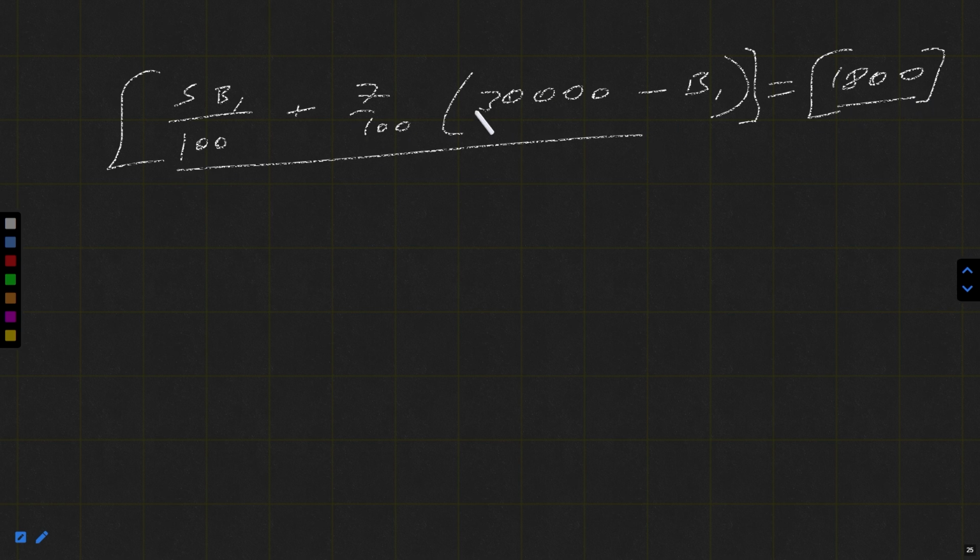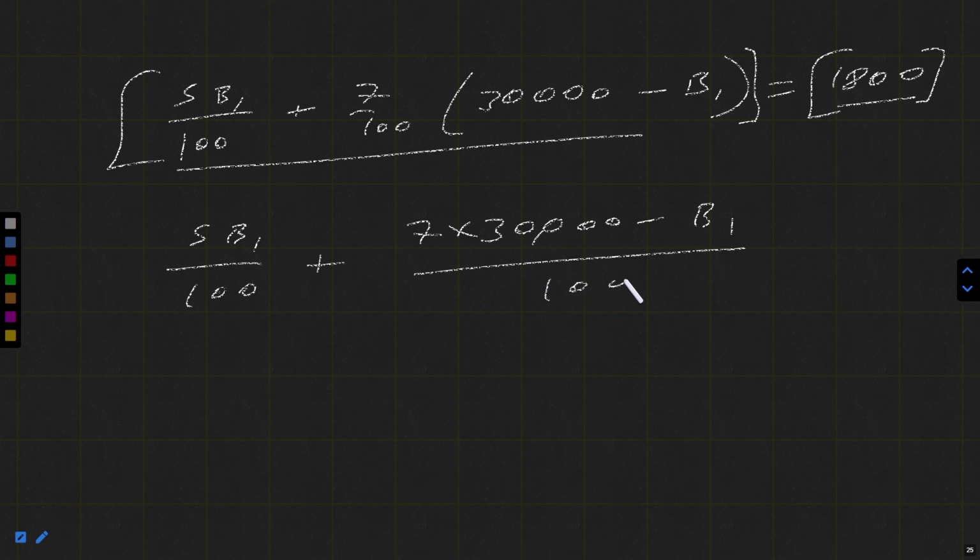So first of all, let us try to solve it. This will be 7 multiplied with 30,000 minus B1, by 100, is equal to 1800.